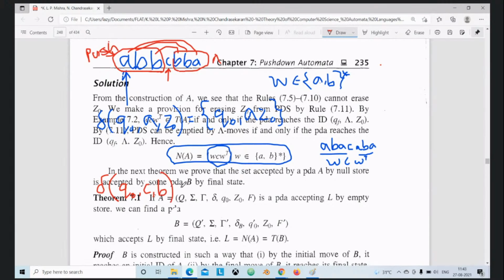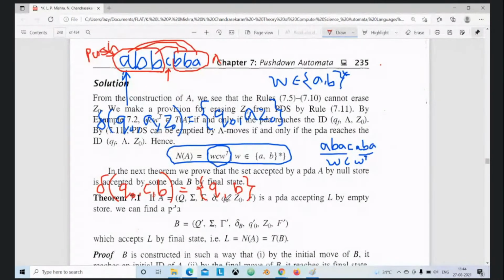In this case, whether we should change the state or remain in the same state? Change the state.